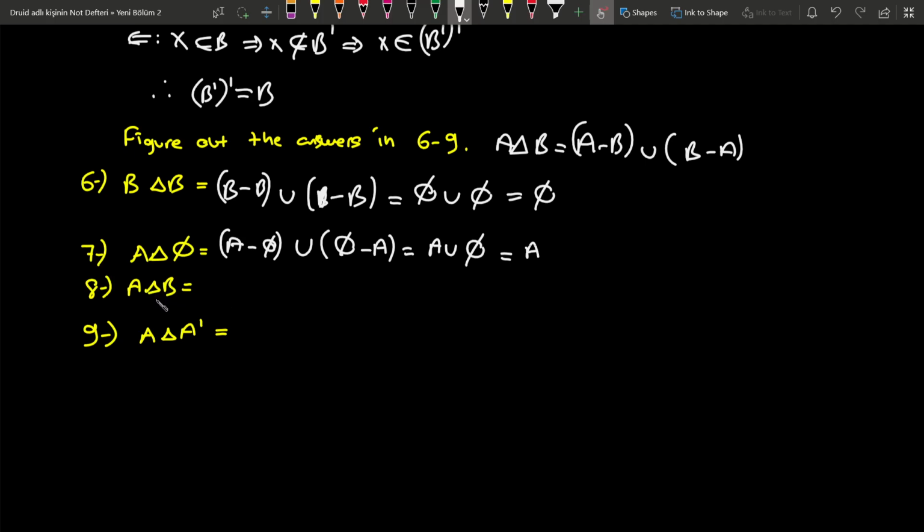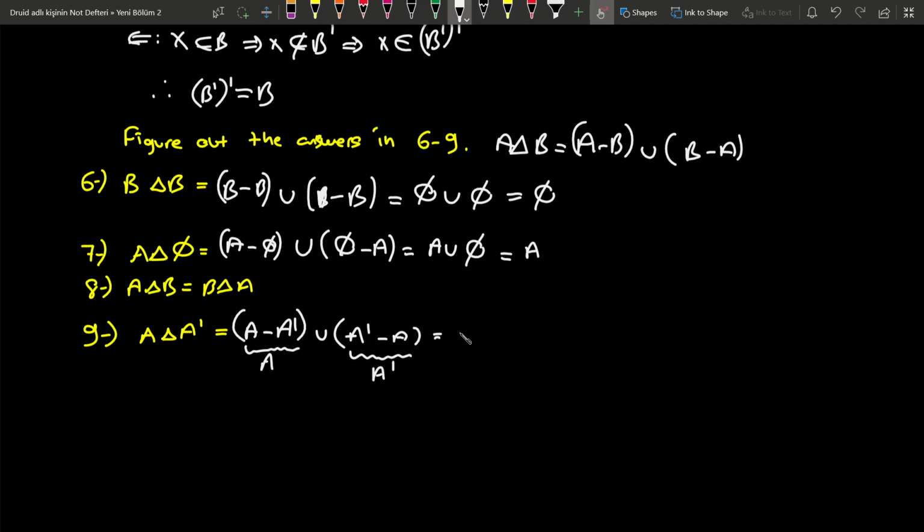Okay, why did we write this? Oh, we need to show that A symmetrical difference A complement is equal to the universal set. Let's do the 9 first, and let's do the 8 later. So, we have A minus A complement union A complement minus A. What we know is, from here we're going to get A, and from here we're going to get A complement. So we get A union A complement.